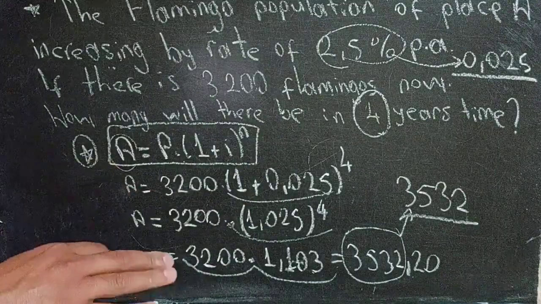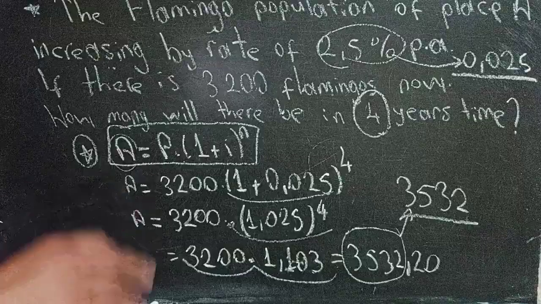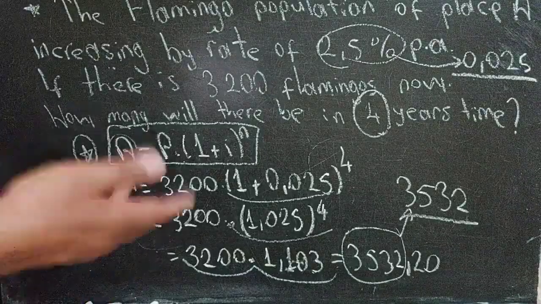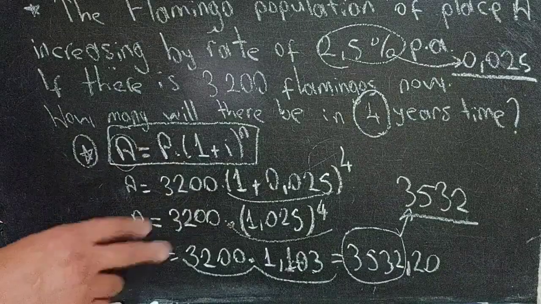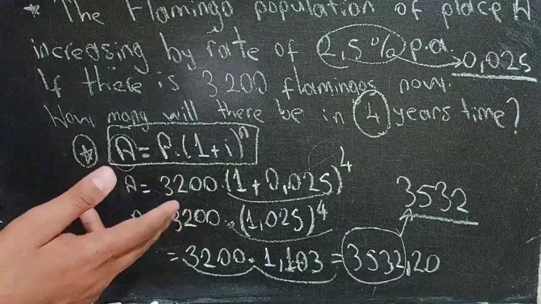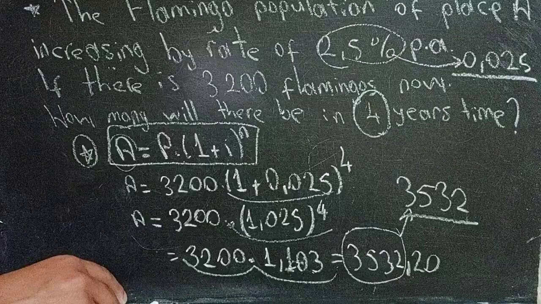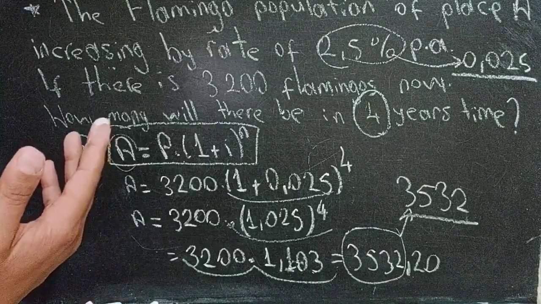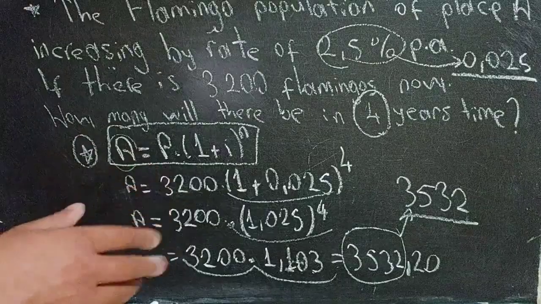All right, so basically we said for compound interest, if the amount is changing after each year, that will be compound interest. The questions don't have to be about just money.